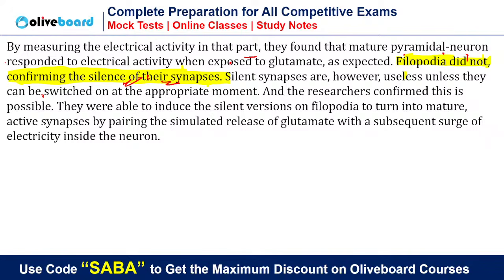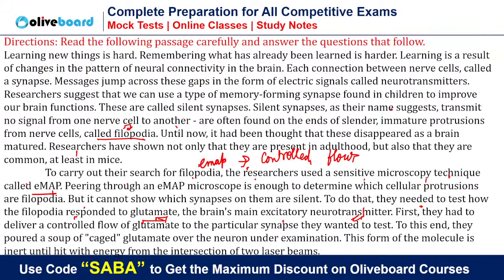So here this line is given, but the question is why? It is given that by measuring the electrical activity in that part, they found that mature pyramidal neuron responded to electrical activity when exposed to glutamate as expected. So why did it respond to electrical activity? The question is this. So you will get the answer here or in the previous slide. Tell me first. You will get the answer here only.